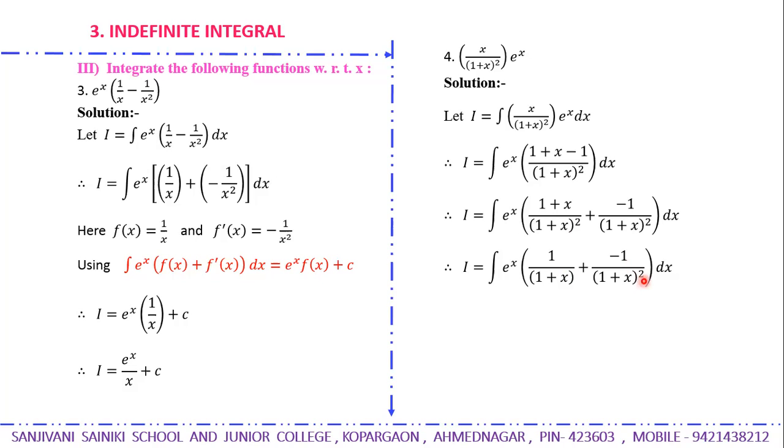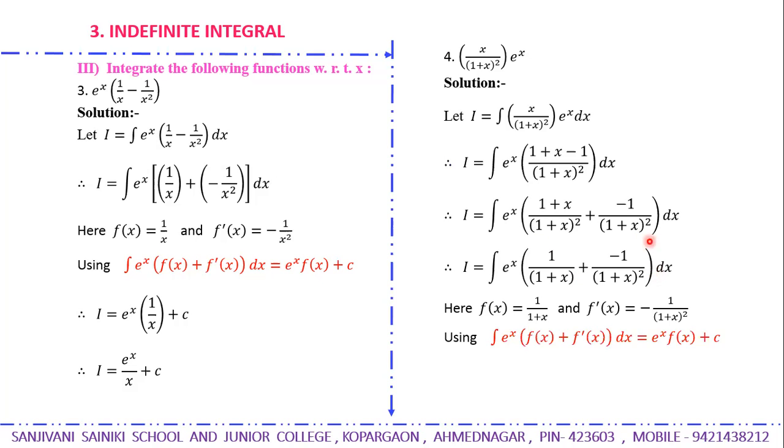So this is your f(x) and its derivative is −1/(1 + x)². Use the corollary: the integral of e^x [f(x) + f'(x)] dx is e^x f(x) + c. So I is equal to e^x/(1 + x) + c.